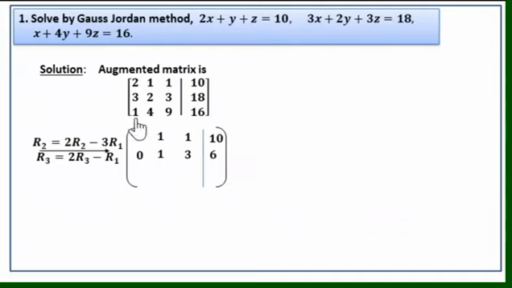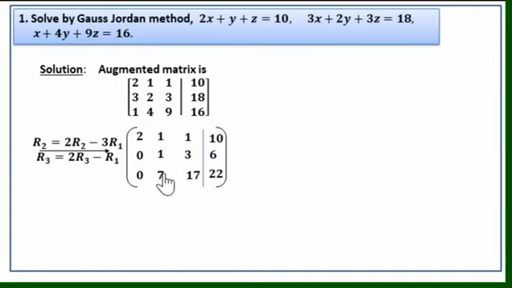Then apply R3 equal to 2R3 minus R1 for the third row. So 2 into 1 minus 2, that is 0. Then 2 into 4 minus 1, 7. Then 2 into 9 minus 1, 17. Then 2 into 16 minus 10, we have 22.